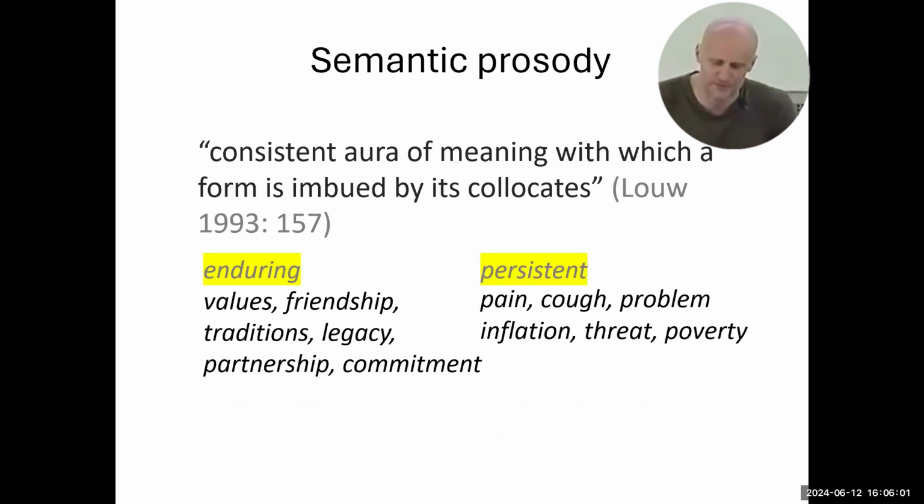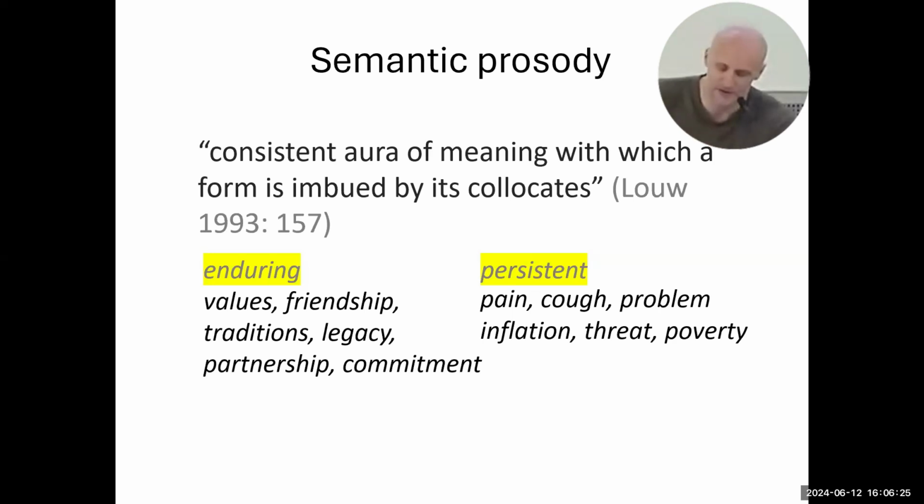Or the difference between enduring and persistent. Both mean pretty much the same thing, continuing, right? So if something continues over a long period of time, you can either say enduring or persistent, but there is a difference in that enduring is followed by nouns that are positive. So you can have enduring values, enduring friendship, traditions, legacy, partnership, commitment.